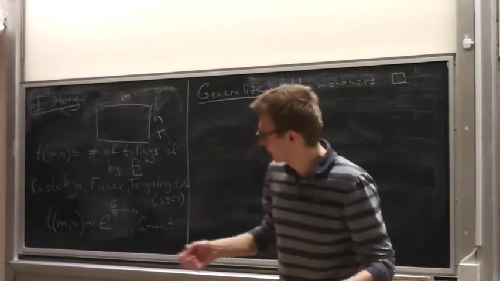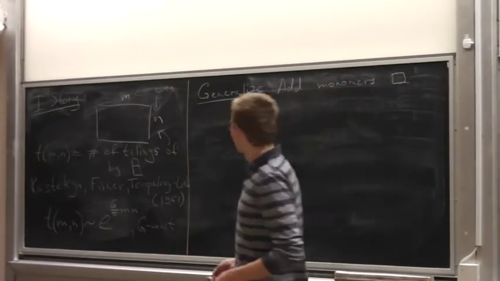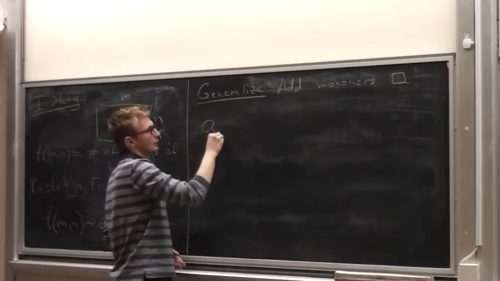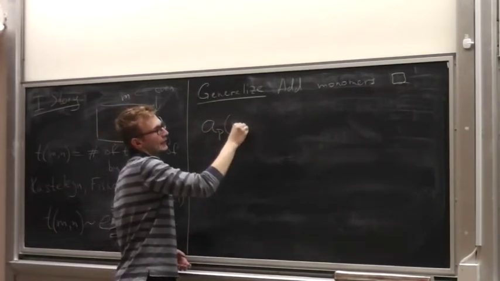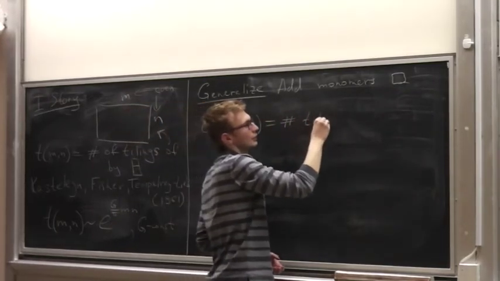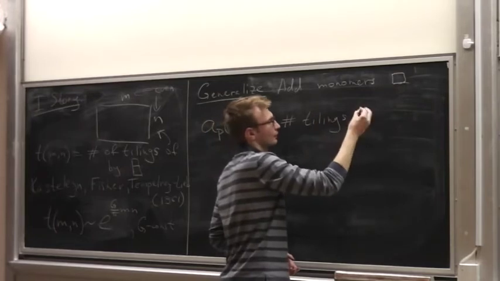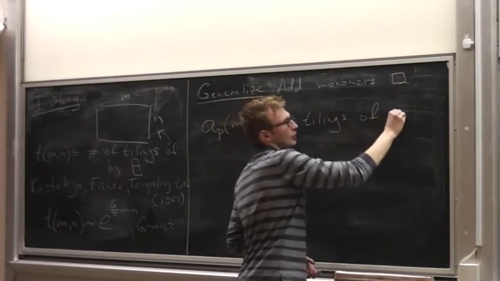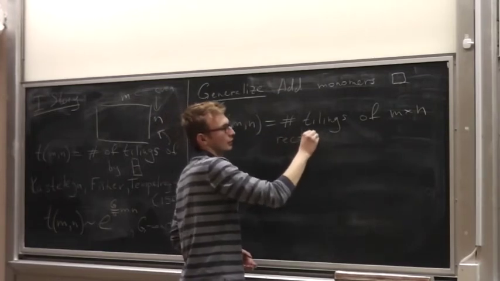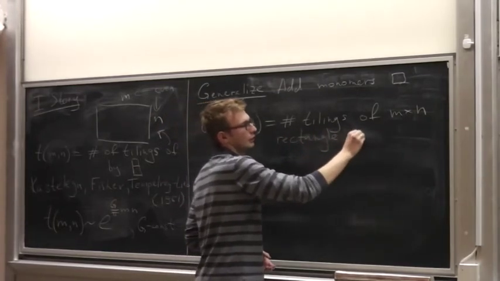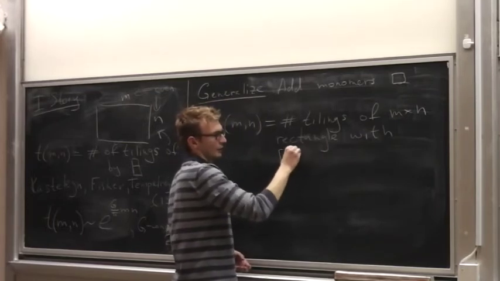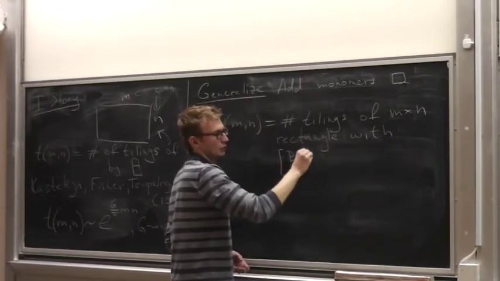not for physicists. So my main quantity for today is what I'll call A(p,m,n). This is the number of tilings of the m times n rectangle with exactly p times mn over 2 dimers.